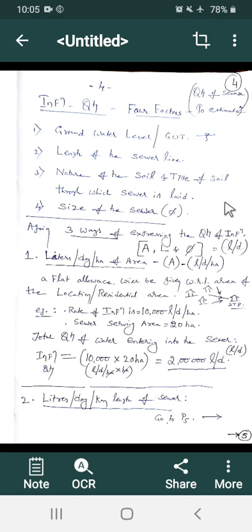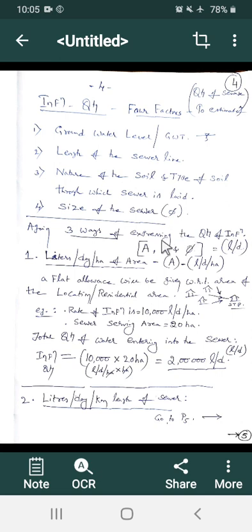Particularly, consider infiltration. Infiltration means incoming water, which can be estimated using these four factors. Now among these four, to measure the quantity of infiltration into the sewer line, again we are having three ways of expressing the quantity of infiltration.